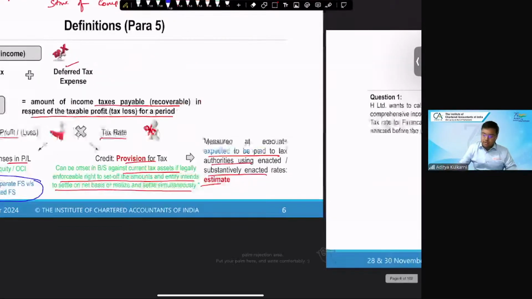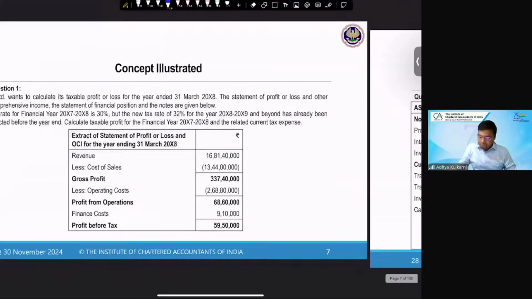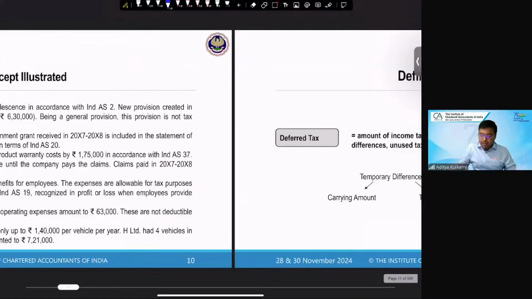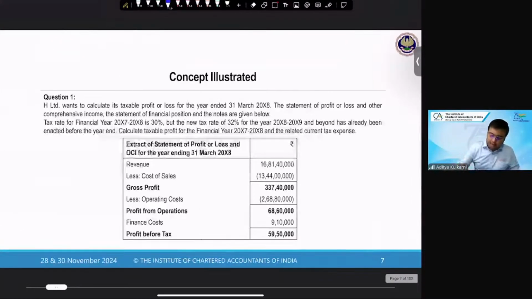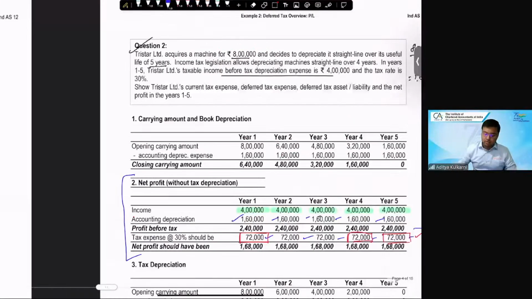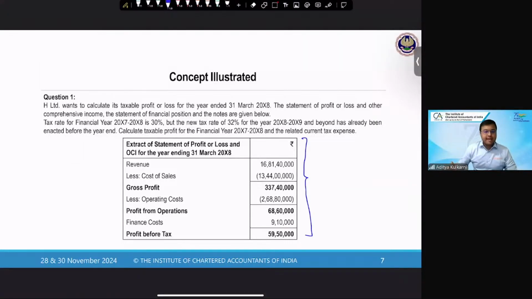No doubts. Okay. So now there is this one huge question. I don't mind doing it, but you know what the outcome of this question is? Let me tell you what this question is about. See, I am given the profit and loss extract.